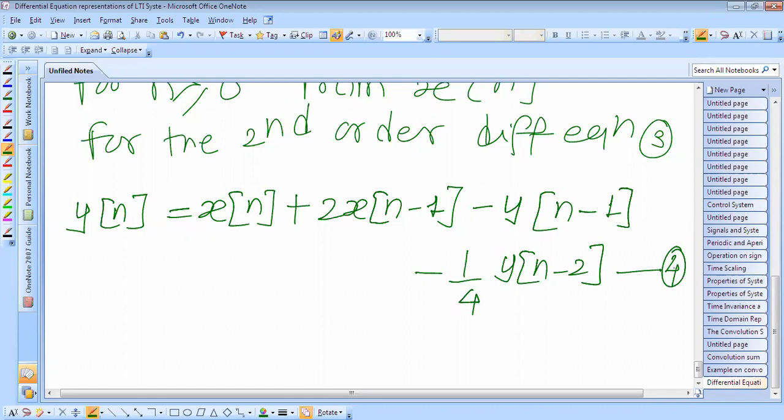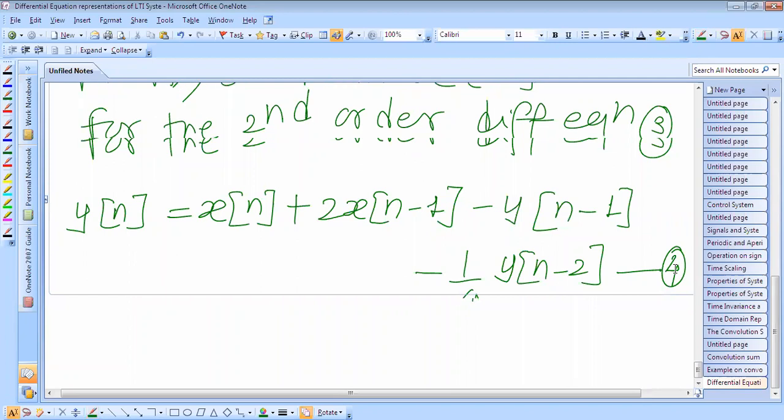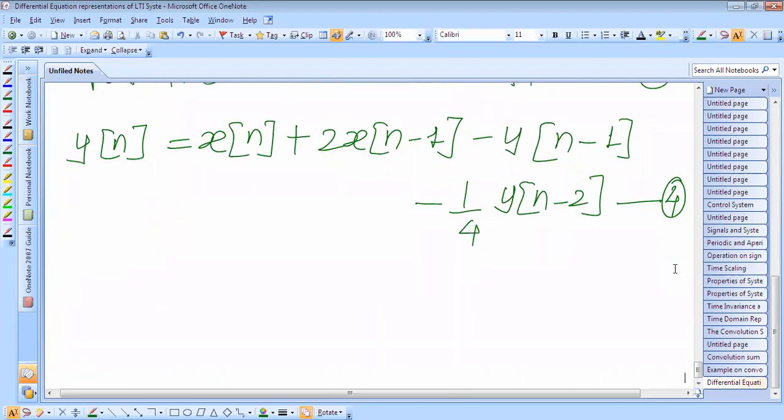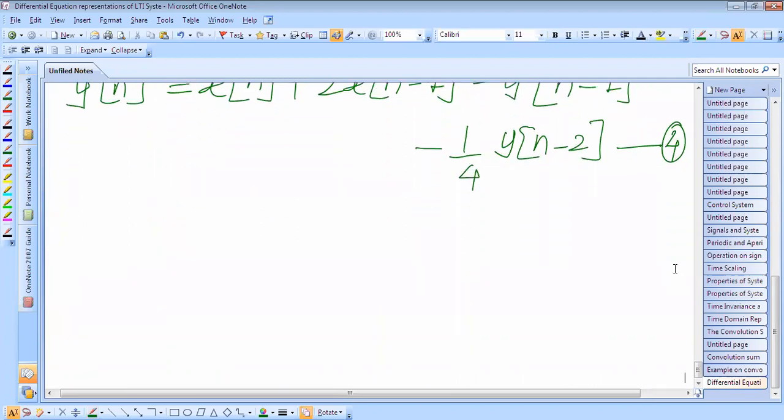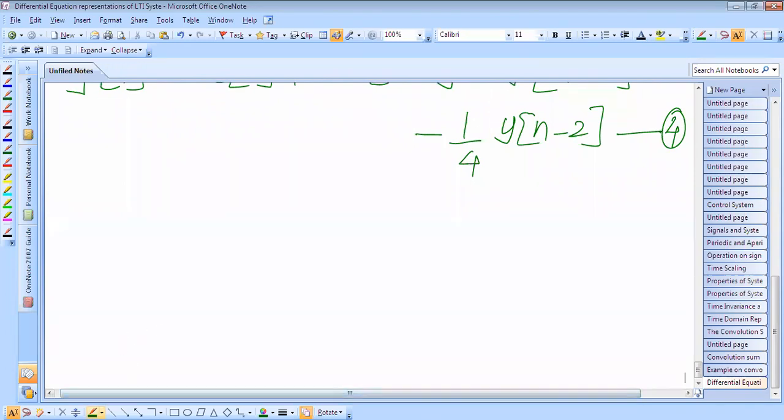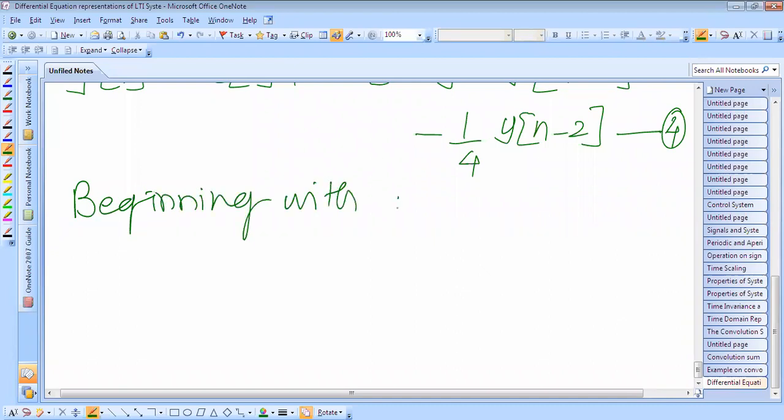So this is the equation for computing output y of n for n greater than or equal to 0 from the input x of n. We have written this equation beginning with n equal to 0, and we may determine the output by evaluating the sequence of equations.